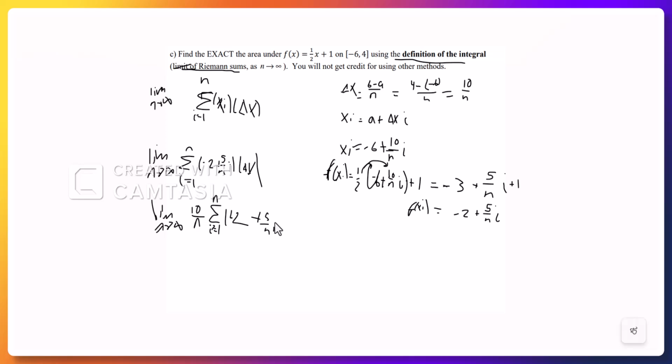(-2 plus 5 over n times i). So now we're going to distribute this sum to the numbers in the parentheses.